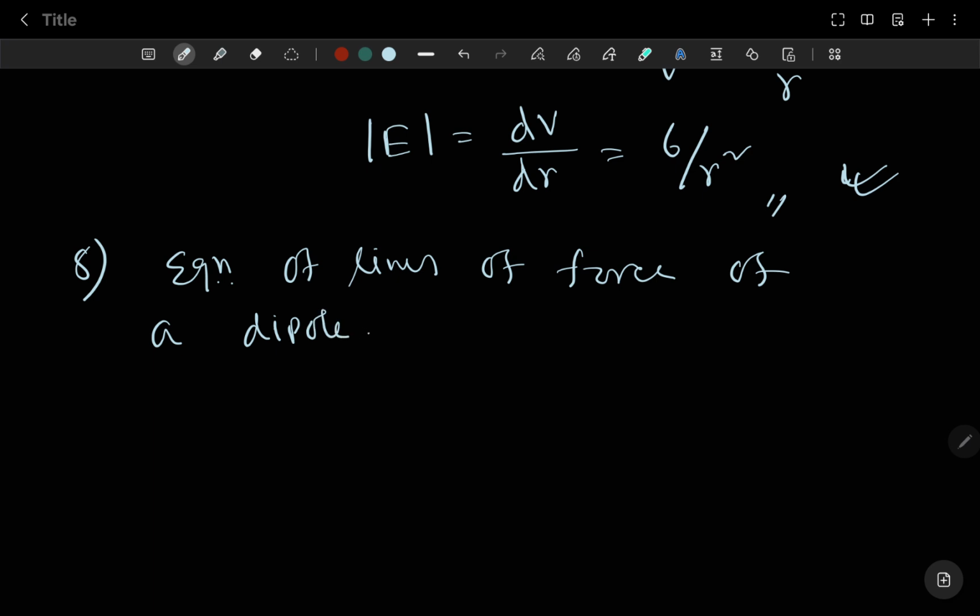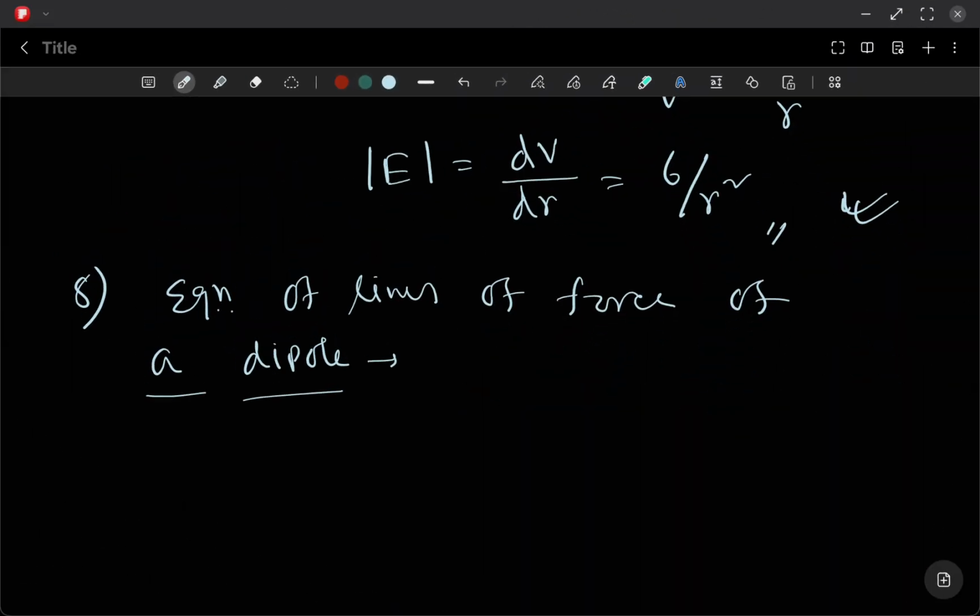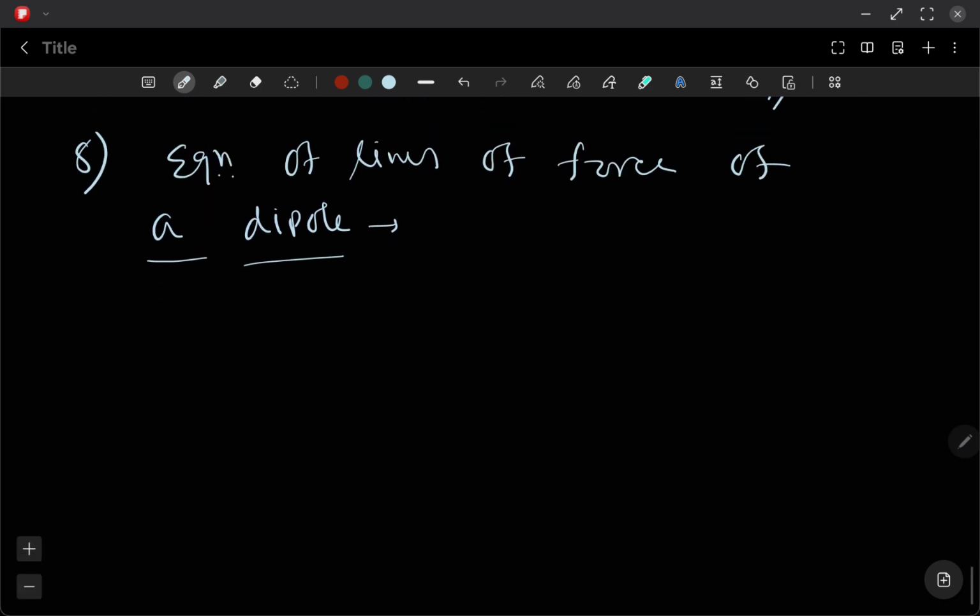But before doing this, we must know one thing: radial and transverse direction.